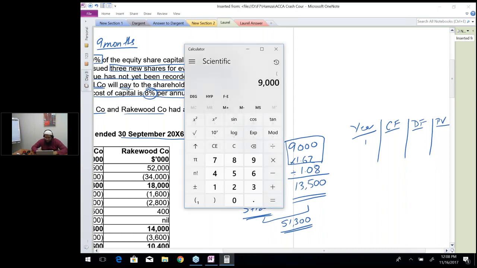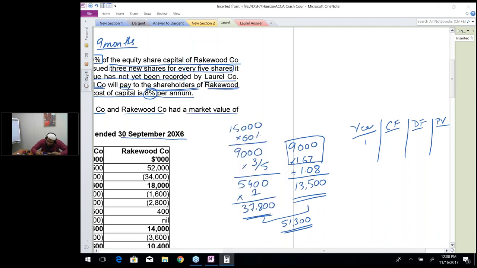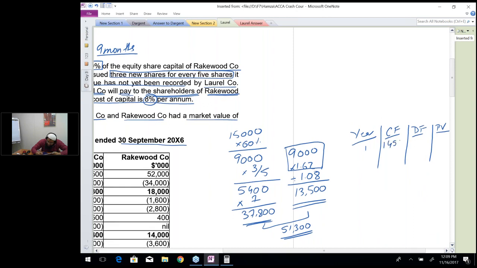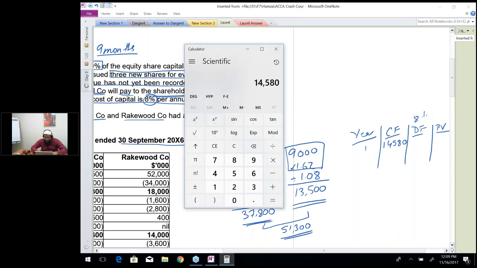So 9,000 into 1.62 will give us 14,580. This is the cash that we are going to pay after a year, and the discount factor is 8%. So this will be 1 divided by 1.08, which is going to be 0.9259.